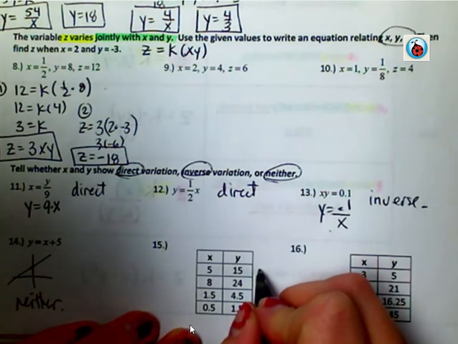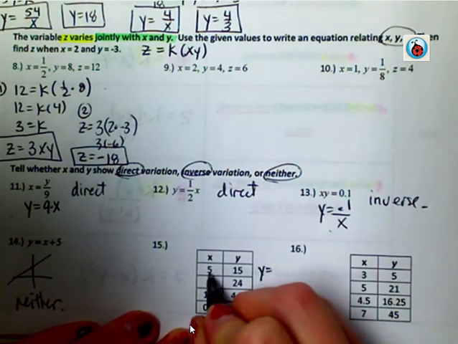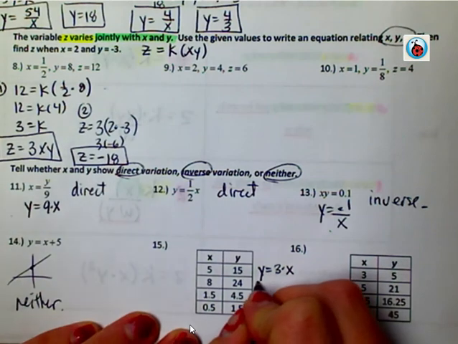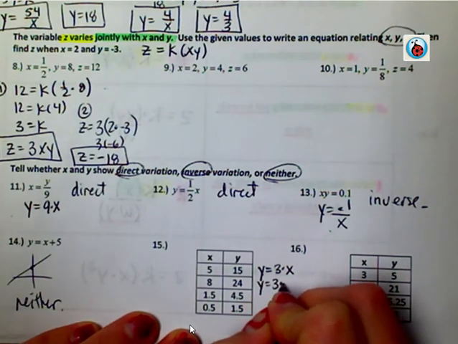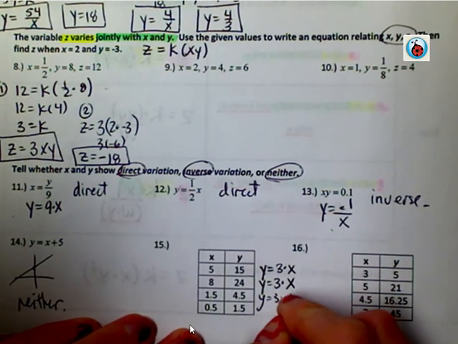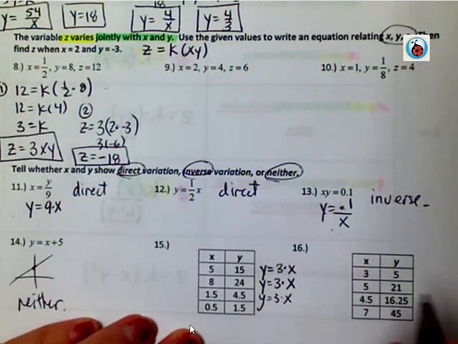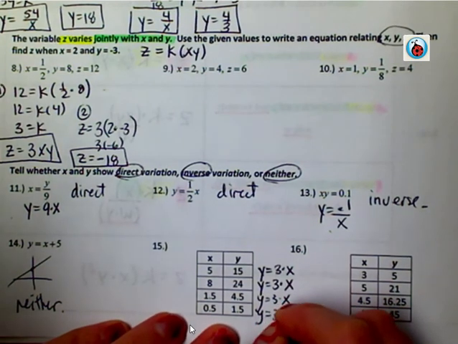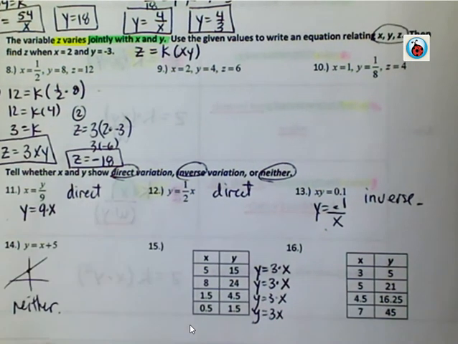Let's see if we can write this. Y equals 3 times x. Y equals 3 times x. Y equals 3 times... Oh, that is direct variation. Notice that the k value is exactly the same for each of them.